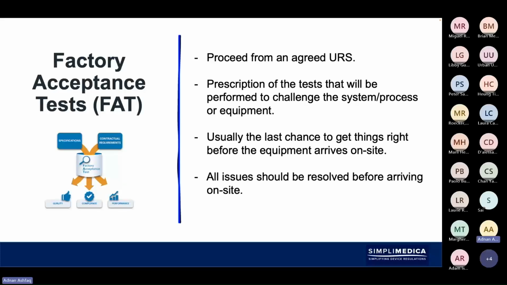So it would become then a prescription of tests that will be performed to challenge the system, the process of the equipment, and usually it's the last chance to get things right before the equipment arrives on site. So this is where you would, at the supplier site, ensure that you've got factory acceptance tests done before it gets shipped to your own site.